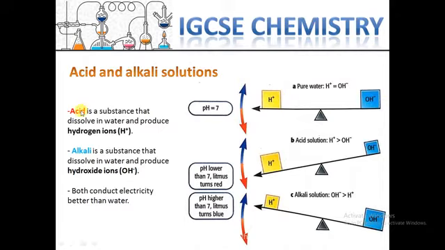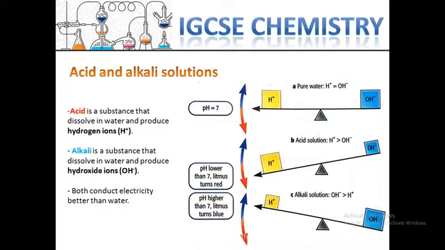But in acidic solution, we have more hydrogen ions. The number of hydrogen ions is more than hydroxide ions, so pH would be lower than 7.